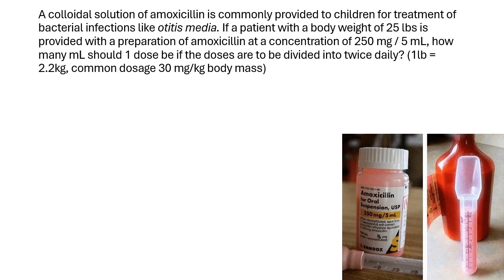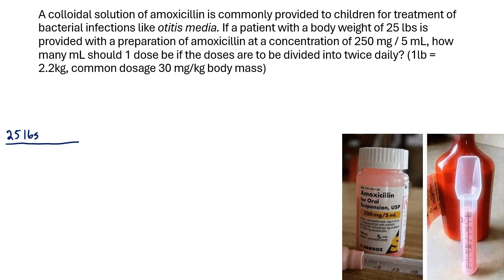We know that the patient weighs 25 pounds. All of the technical information is given to me in SI units, even though I weighed the patient in standard imperial units, so I may start with that conversion, figuring out how many kilograms 25 pounds is.